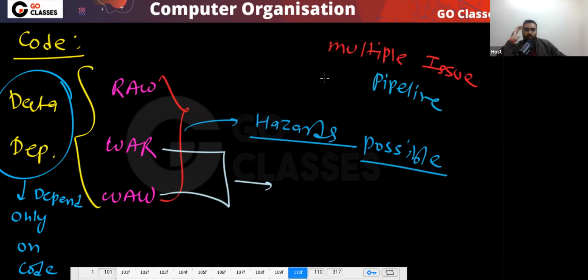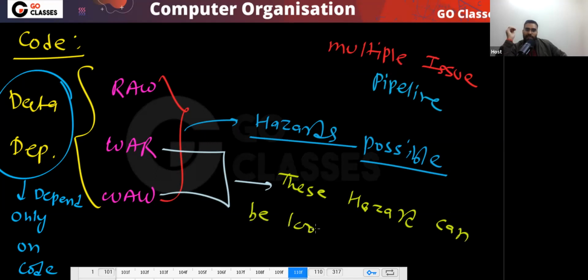Everyone memorizes it, but no one knows the proof. You will know the proof, don't worry. These hazards can be eliminated algorithmically.